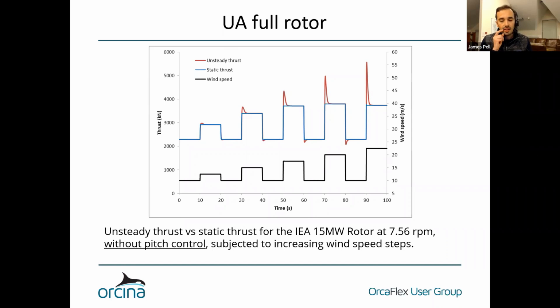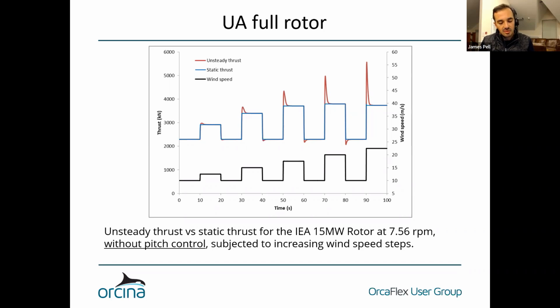Now, what's happening there is that because the pitch controller is off, as soon as you increase the wind speed, you increase the angle of attack. So it swings the angle of attack out, if you like. And as it does that, it's going to put some of the blade past the static stall angle. The bigger the jump, the bigger the angle of attack change, and more of the blade goes into static stall.